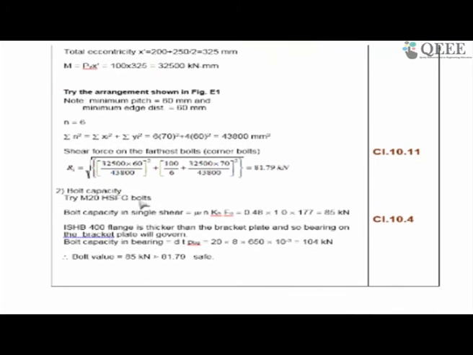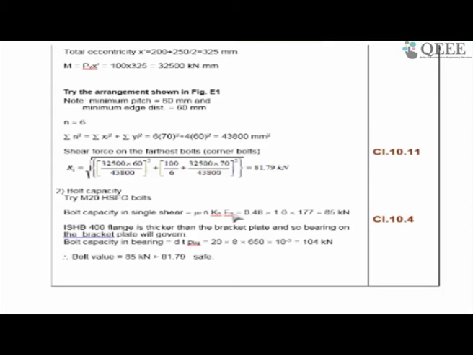Bolt capacity: it's an HSFG bolt of diameter 20. So mu f we have assumed 0.48, but typically I would recommend you assume 0.33 if you don't know what it is going to be. Here we are assuming a sandblasted surface, which may not be the case. So let's assume 0.33 for normal design. Kh is 1 for a clearance hole.